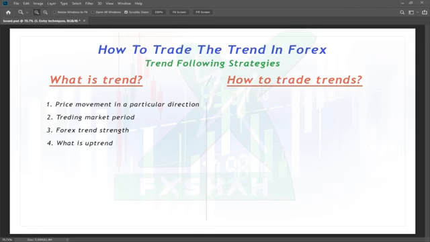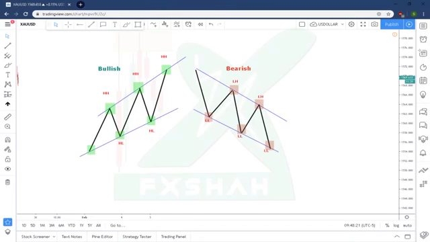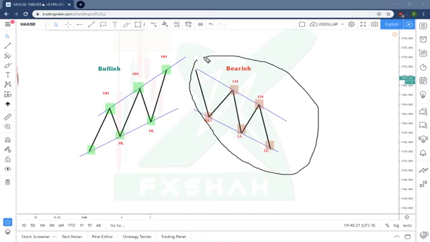Our second part is the downtrend. What is a downtrend? A downtrend is a bearish move, bearish price action. This is a bearish part which creates lower lows and lower highs, right? As we discussed in the previous bullish move, at least two touches are required to establish a trend.